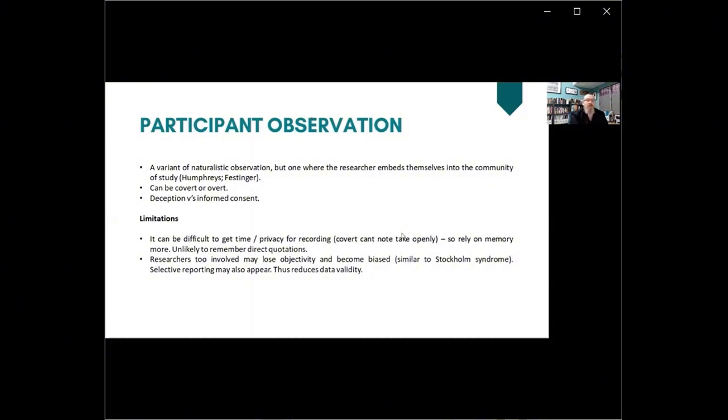And if we're being covert about our research, we're pretending to be something or someone that we are not, we are technically deceiving our participants. And we have got to be able to justify from an ethics perspective, is it worth it?